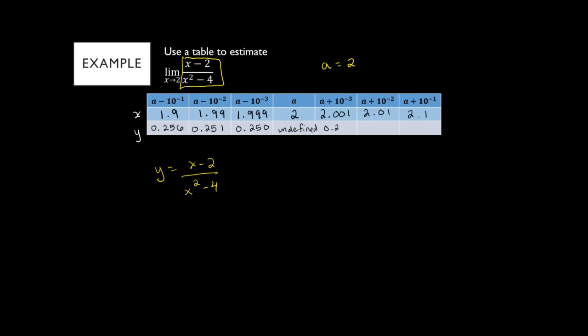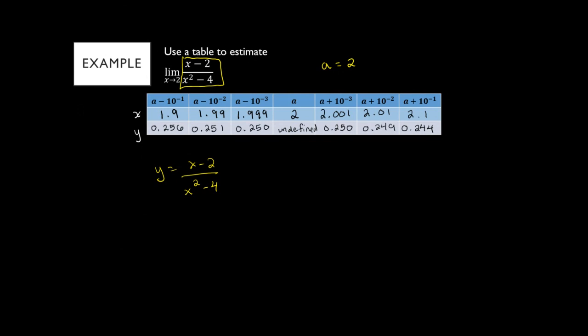Oops, and that one, when it rounds, it's 0.2499, but that actually rounds to 0.250. So I fill in my table.